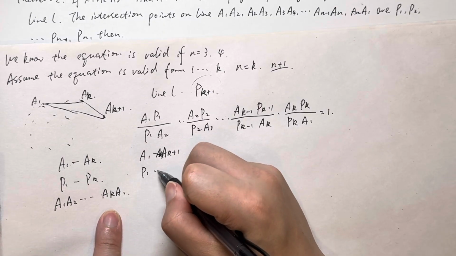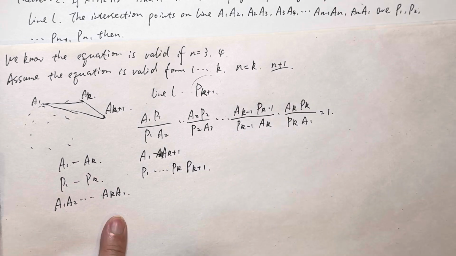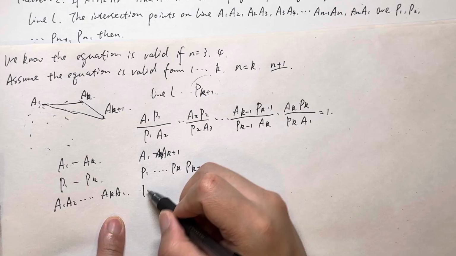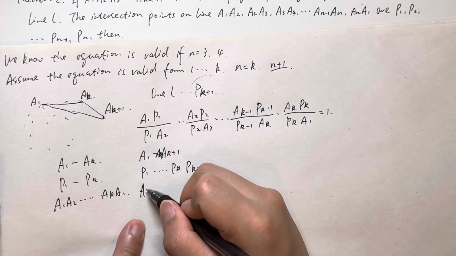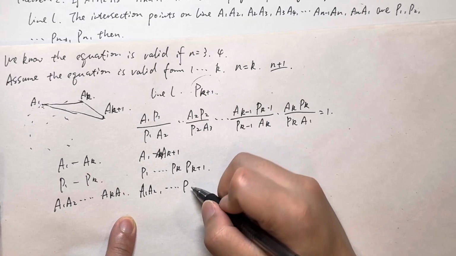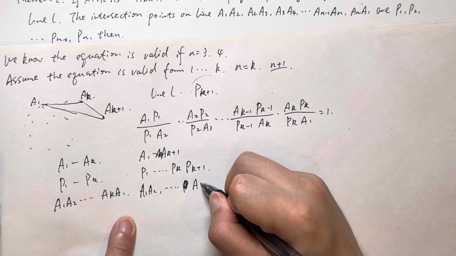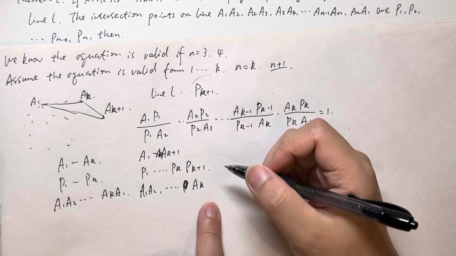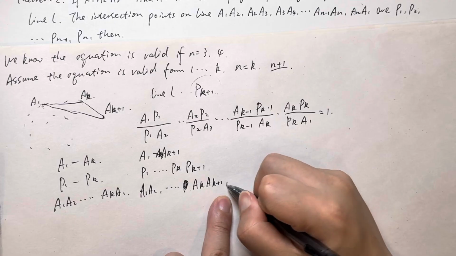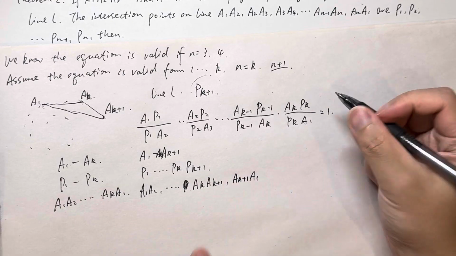Then we have P1 all the way to PK and PK plus 1, right? Then we have it represent for the intersection point from A1, A2 all the way to AK plus 1 and AK plus 1 A1.